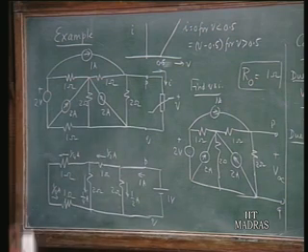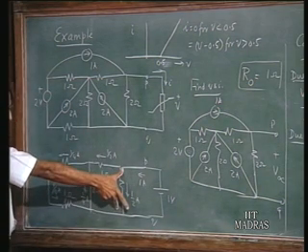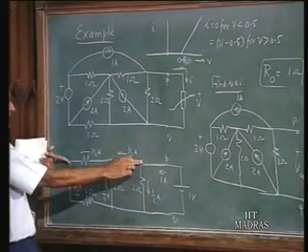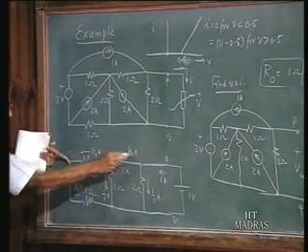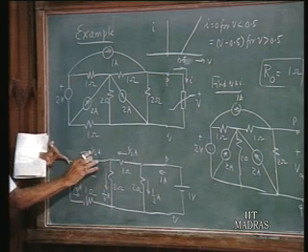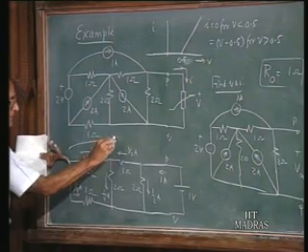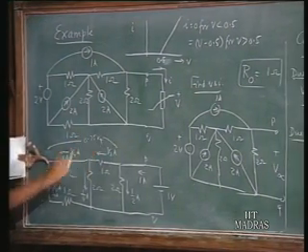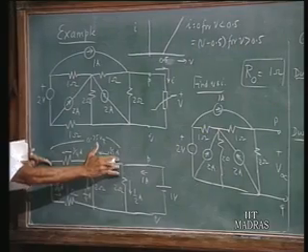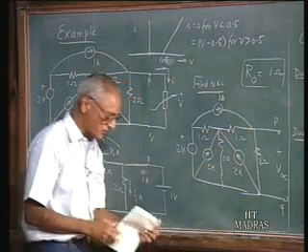Now we have the result already available to us in the sense, if you apply 1 ampere across these 2 terminals, we must know what is the voltage between these 2 points. The voltage between these 2 points is half plus 1/4, half ampere, that is half a volt plus 1/4 volt. So the voltage between these 2 points is 0.75 volts. So when you apply 1 ampere here, you are getting 0.75 volts here. If you apply 1 ampere here, therefore you must also get 0.75 volts there.